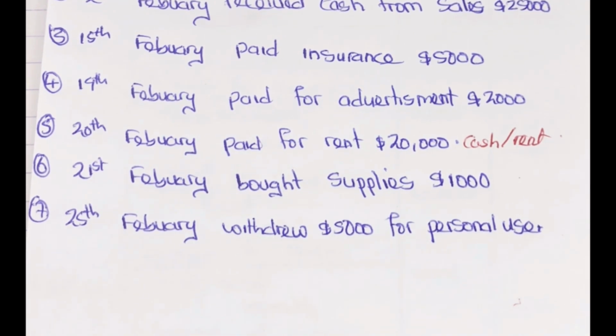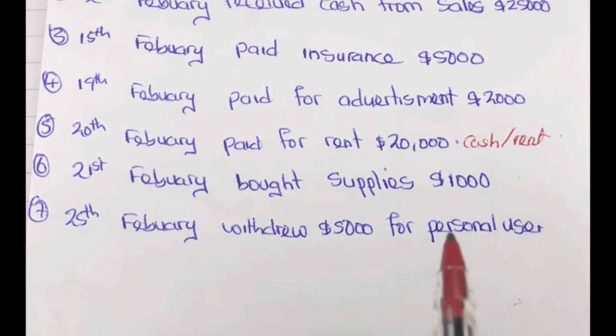So if we bought supplies, it means that we bought the goods and the goods are coming into the business. So if the goods are coming into the business, it means that the purchase account is increasing. And then we bought these goods with cash.